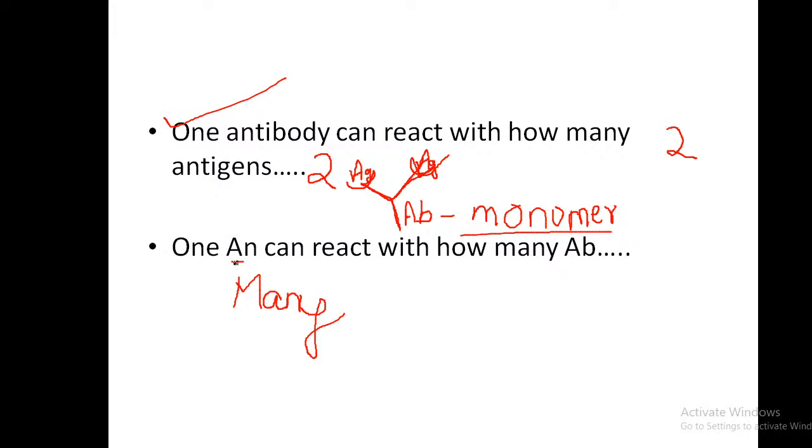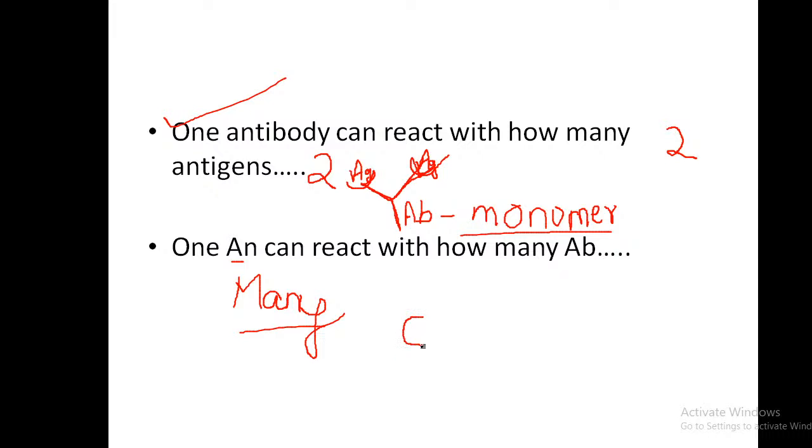Many. One antigen can react with many antibodies. This is the basic thing which you have to keep in mind when you learn the antigen-antibody reaction. One antibody reacts with two antigens. One antigen reacts with many antibodies.